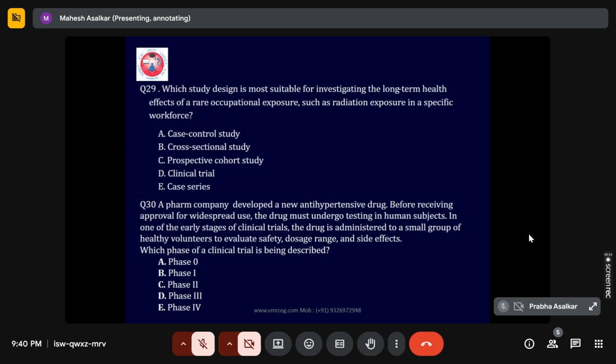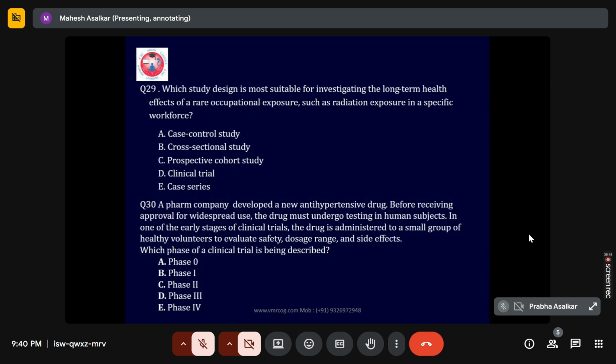Option A, phase 0; B, phase 1; C, phase 2; D, phase 3; E, phase 4. Sir, D, phase 3. So what they're asking, early stages of clinical trials, the drug is administered to a small group of healthy volunteers. So will it happen in phase 3, healthy volunteers and small group? 2.